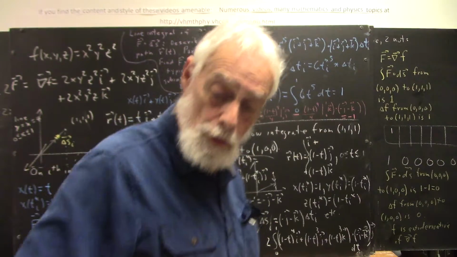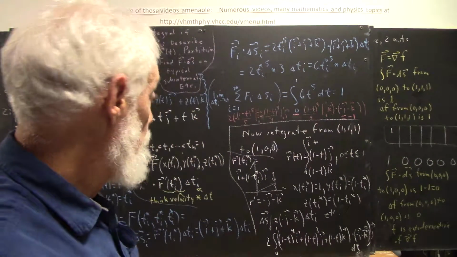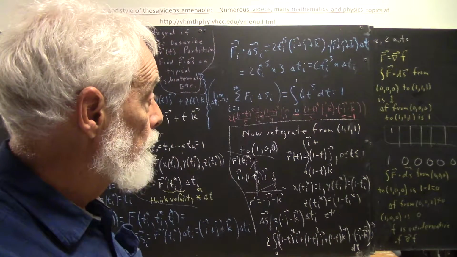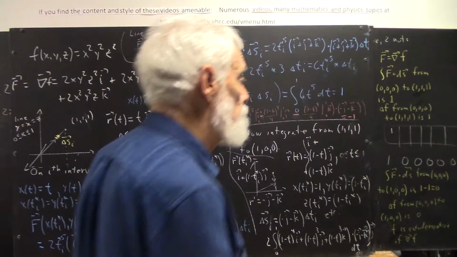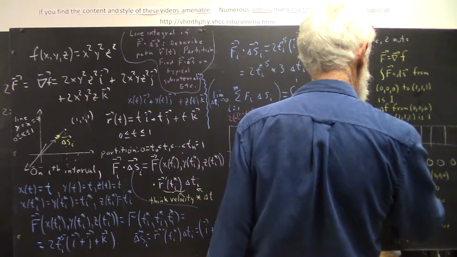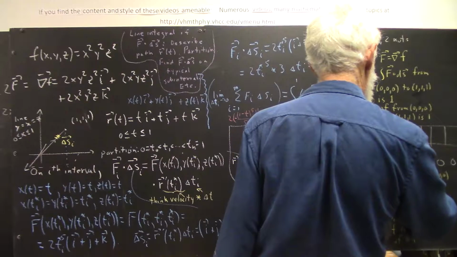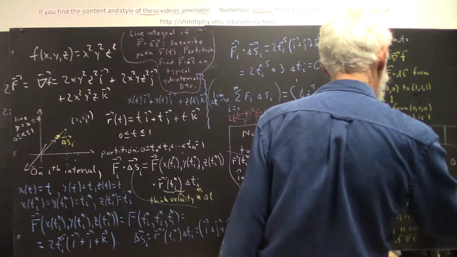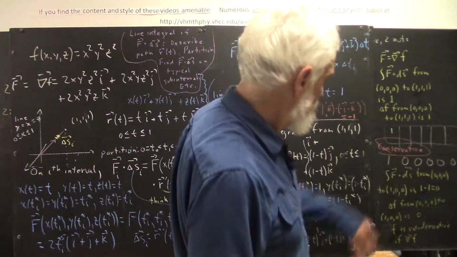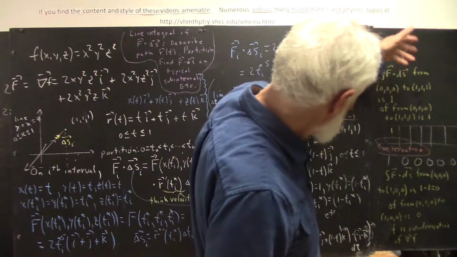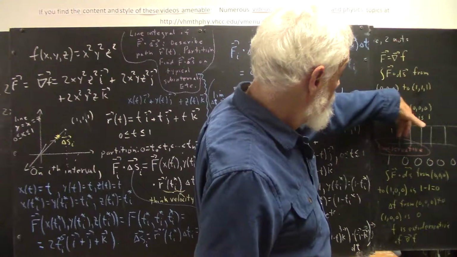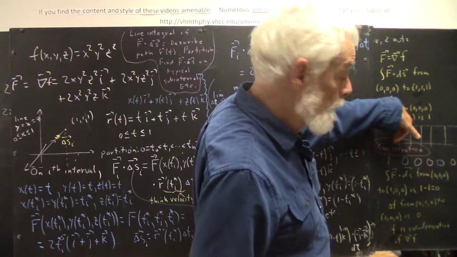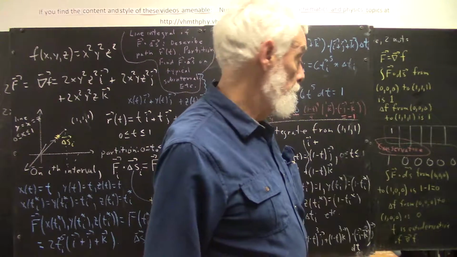And one other word that we want to put in on this. I'll just write the word because you're going to see the definition. This big F function is what we call a conservative function.